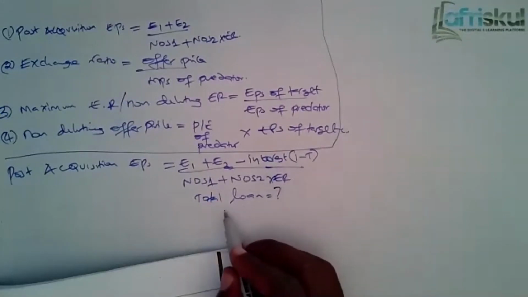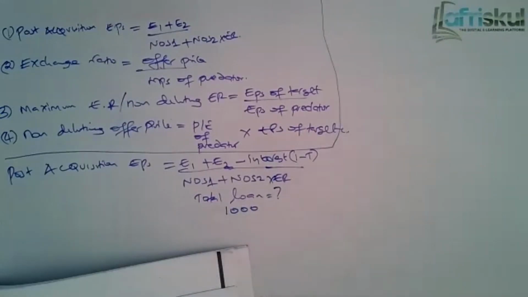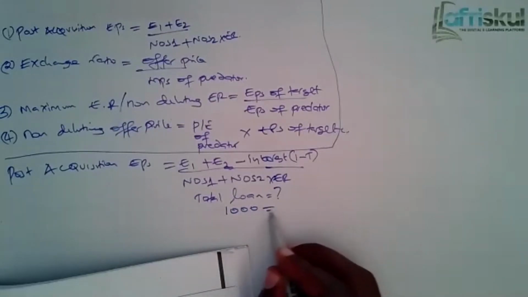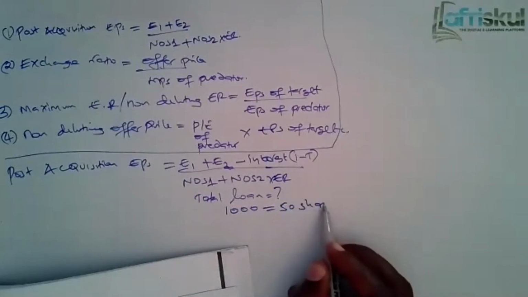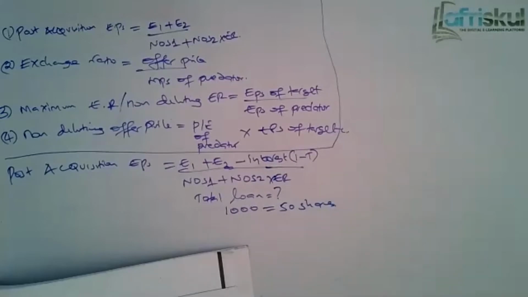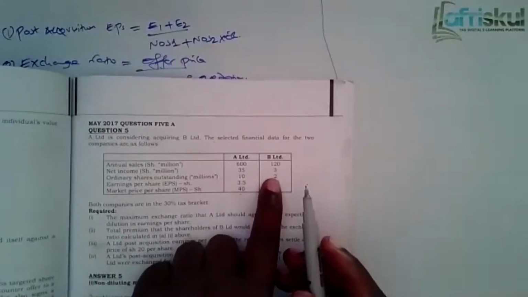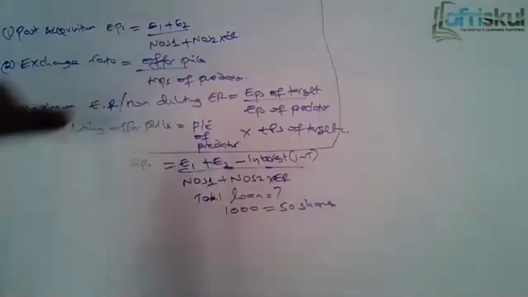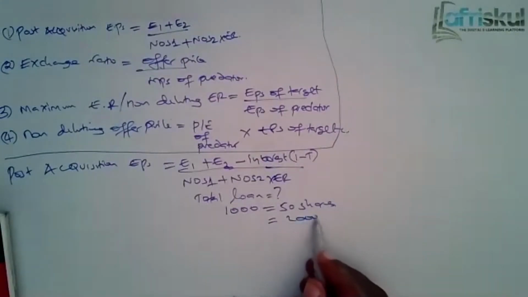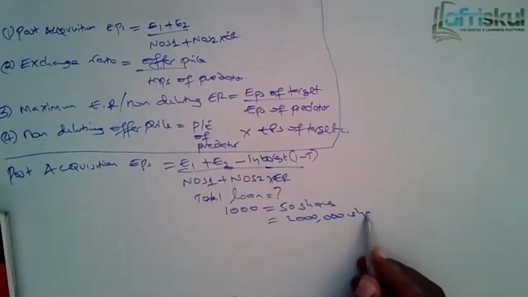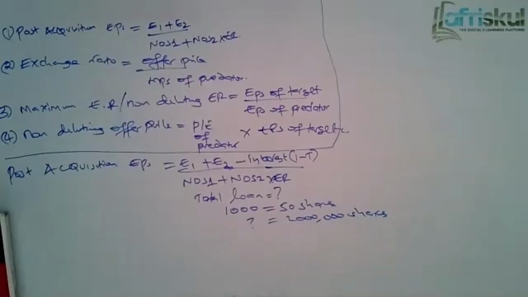They have told us that for one debenture whose par value is 1,000, they shall give us 50 shares. The company you are acquiring is company B, whose ordinary shares are 2 million.